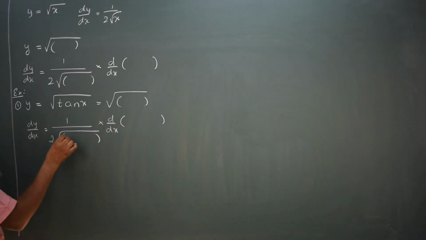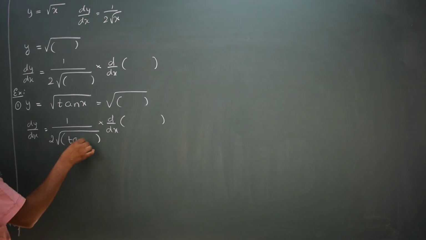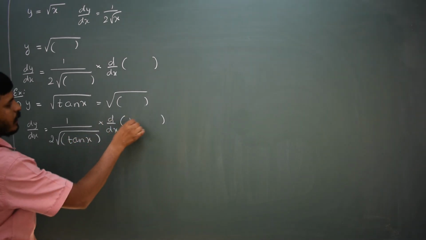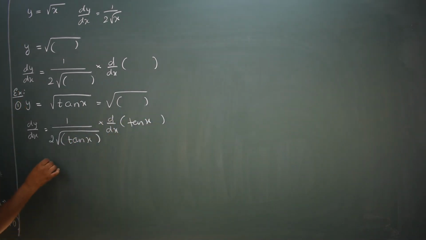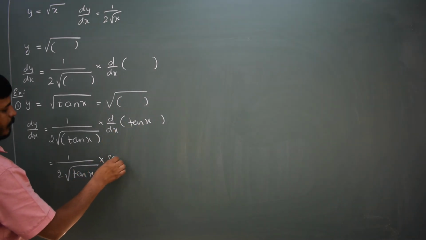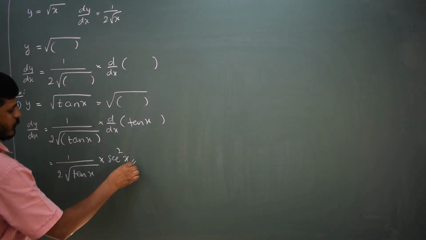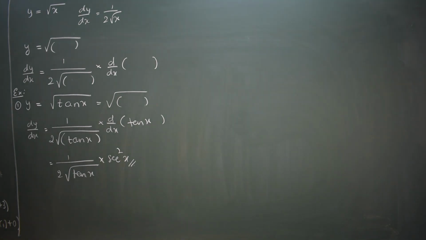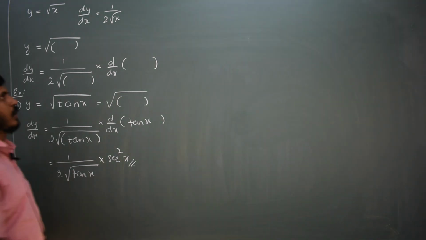What is something here? Tan x. That's equal to 1 by 2 root tan x into differentiation of tan x, which is secant square x.